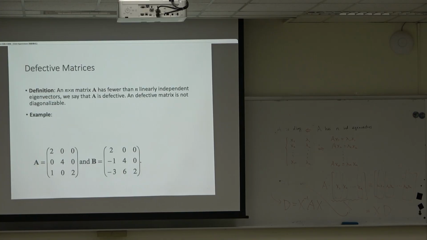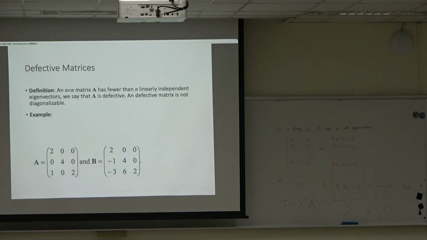So it's 2 minus lambda times 4 minus lambda times 2 minus lambda. So obviously the roots of this characteristic polynomial are 2 and 4, and you can solve for the corresponding eigenvectors and see if they are linearly independent. But I will let you guys do that.